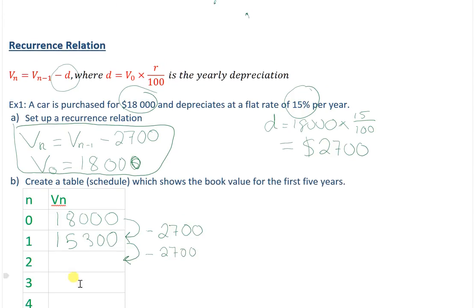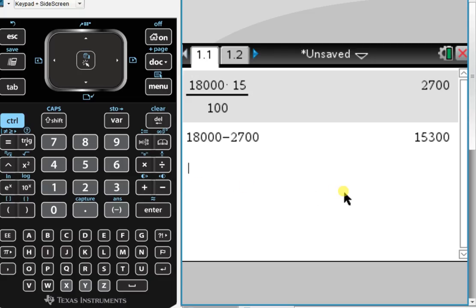And again, to go to the next value, I would do the same thing, subtract another 2,700. But I just want to show you a little bit of a trick that you can use on the CAS so you don't have to type minus 2,700 each time. Here, instead of typing 15,300, I'm just going to press minus. Okay, it says, do you want to take your answer from the previous line and subtract, or do you want to negate? I'm going to click, I would like to take my answer and subtract 2,700. Now this answer here is just pulling whatever was on the previous line.